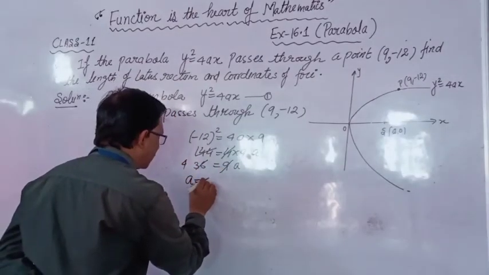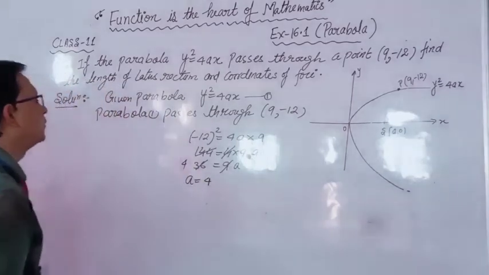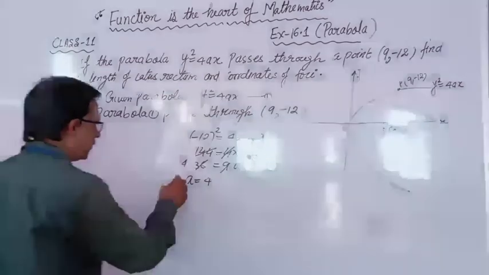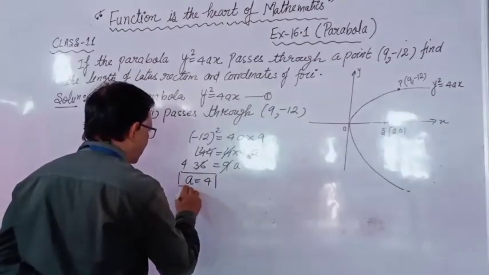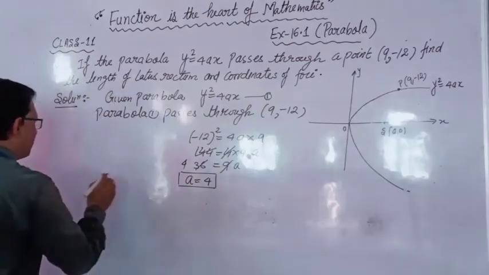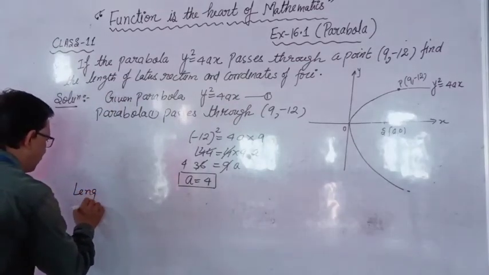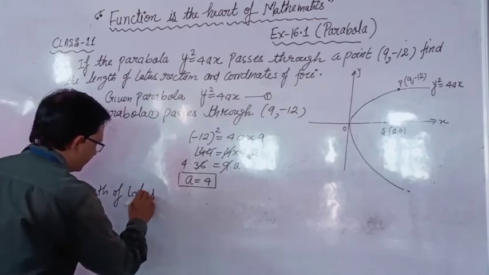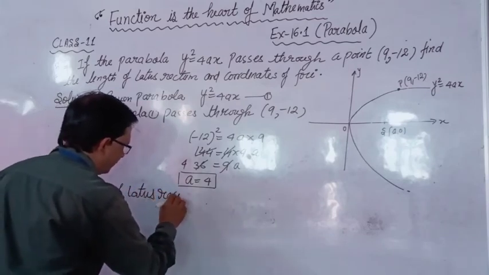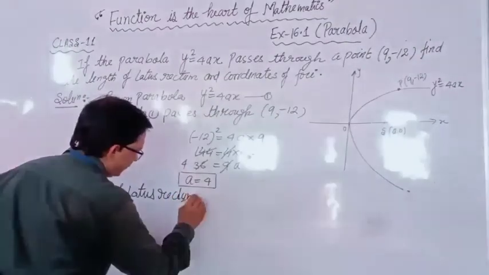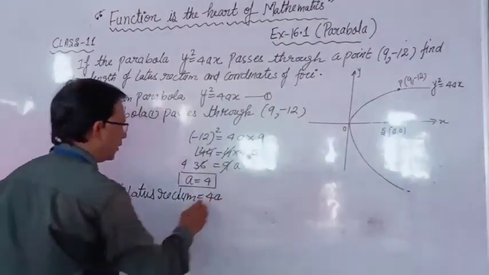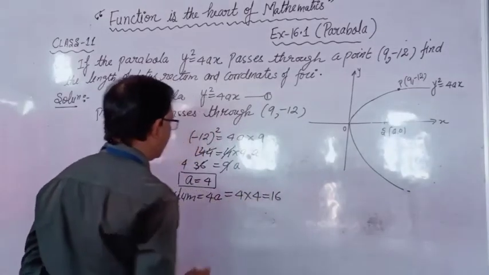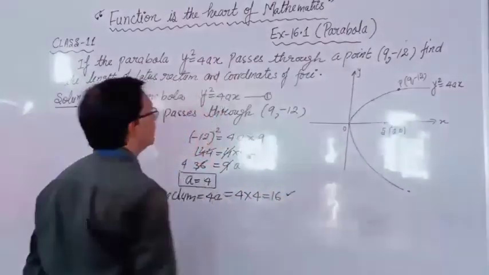So a is equal to 4. Okay, we find the value of a and we know that the 4a is length of lattice vector. So length of lattice vector is equal to 4a is equal to 4 into 4 is equal to 16. This is the length of lattice vector.